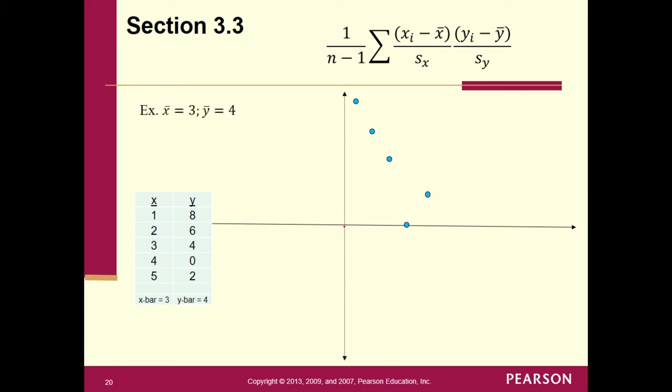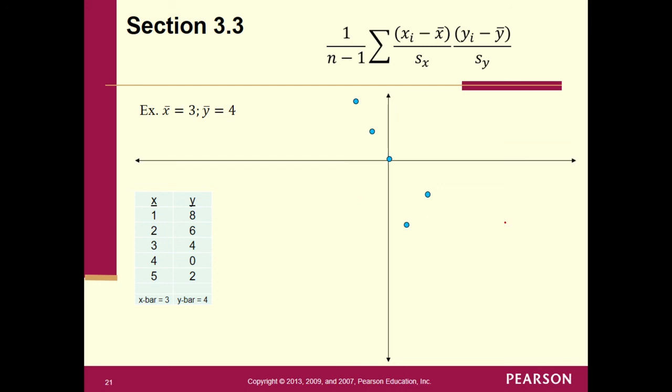All right. Now our x bar is equal to 3, y bar is equal to 4. And so if you can see that, I went ahead and shifted the origin from here up to there. Okay. So now think of that as being the origin, and these are the different quadrants. Notice, where do our values pretty much lie?